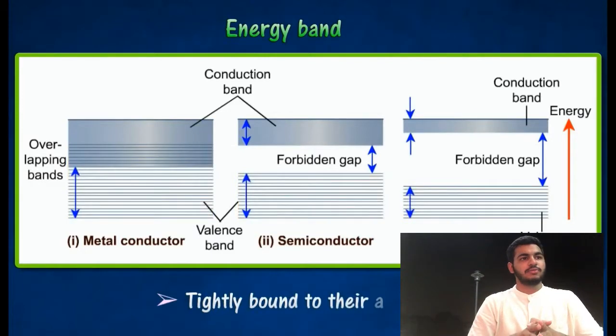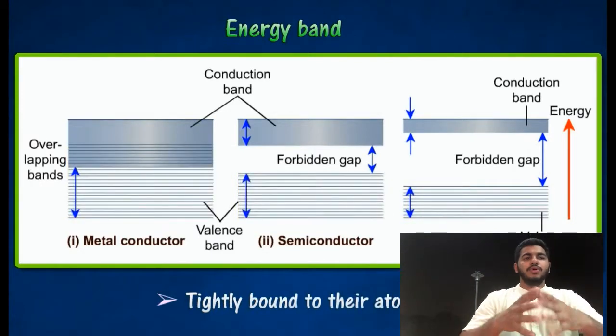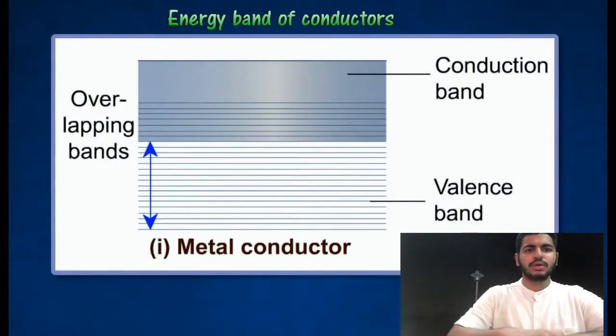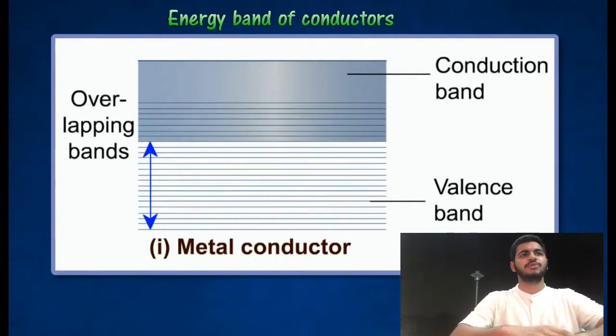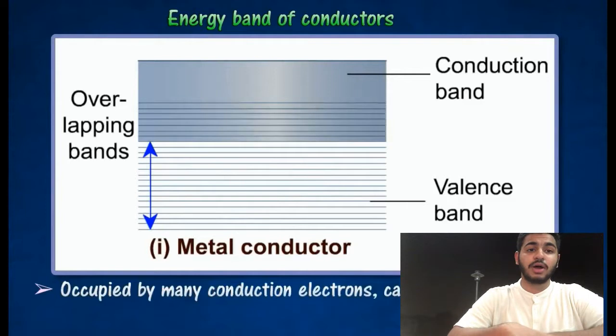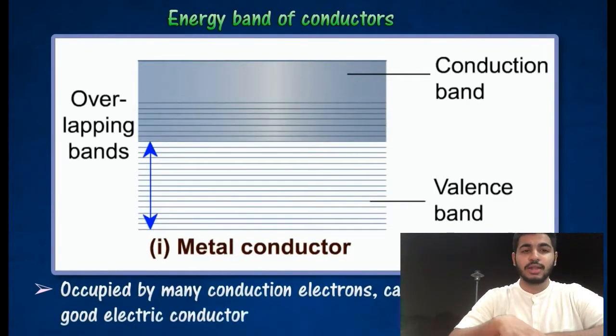As we see in this video, the electrons in the valence band, in the lower part, are tightly bound together, but for the upper part, which is for the conductors, the bands really overlap. This allows occupation by many conduction electrons, causing metal to be a good conductor of electric current.